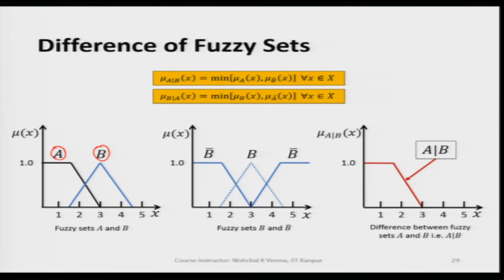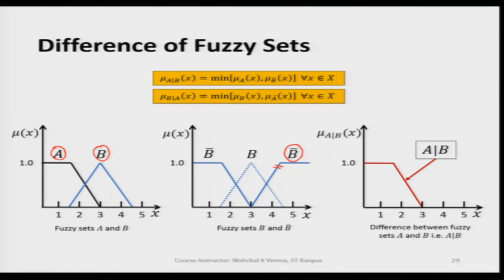For finding this, we first have to find the complement of B. When we have this, we can find the respective membership values.